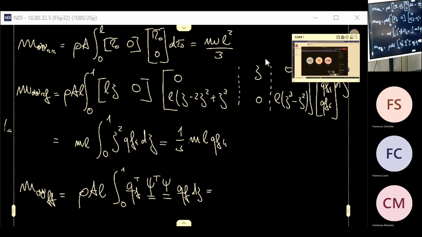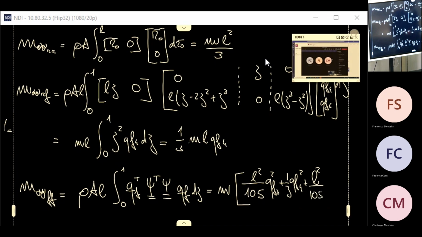And this amounts to m multiplying L squared QF3 squared plus 1/3 QF4 squared plus L squared over 105 QF6 squared minus L squared over 70 QF3 times QF6.